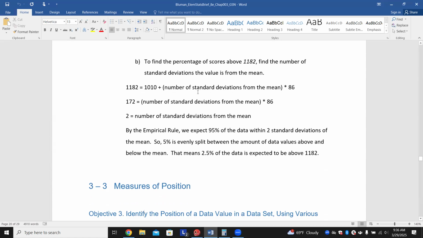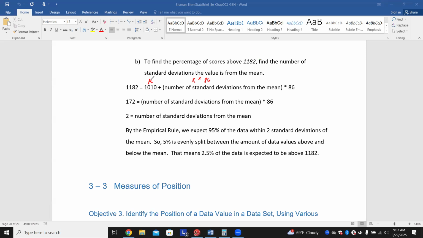We don't know how many standard deviations it is, but we do know that 1010, the mean, plus K, how many standard deviations, times the standard deviation, which was 86, would give me 1182.